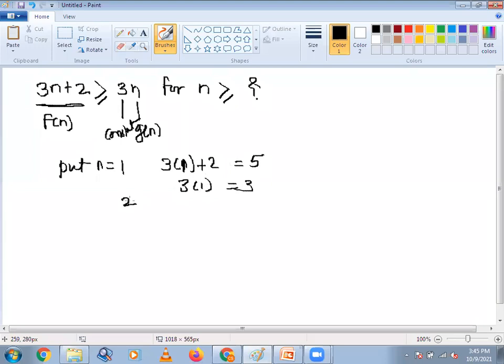For 2, 3 into 2 plus 2, which is equal to 8, and 3 into 2, which is equal to 6. So for all values greater than equal to 1, it satisfies the equation.